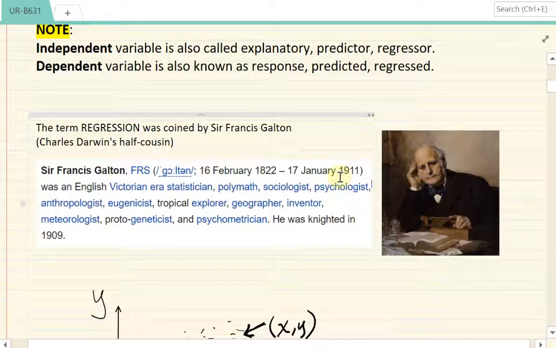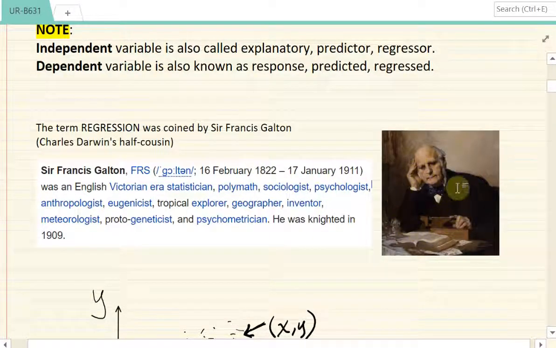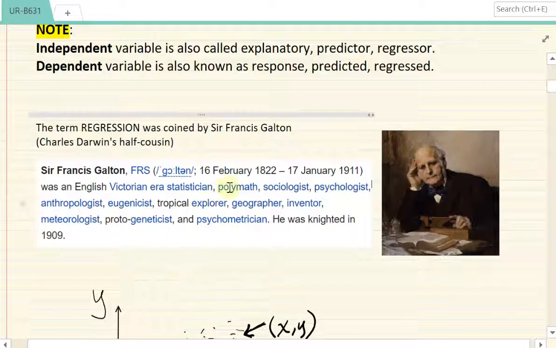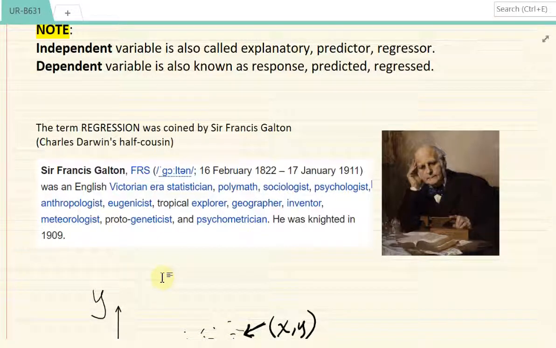Now, the term regression. This is an image of Sir Francis Galton, who pioneered this work. He was a polymath, which means he was a jack of all trades, so he was not just in one field. As you can see, he was in a lot of various fields. In the early 1900s he discovered the idea of regression.